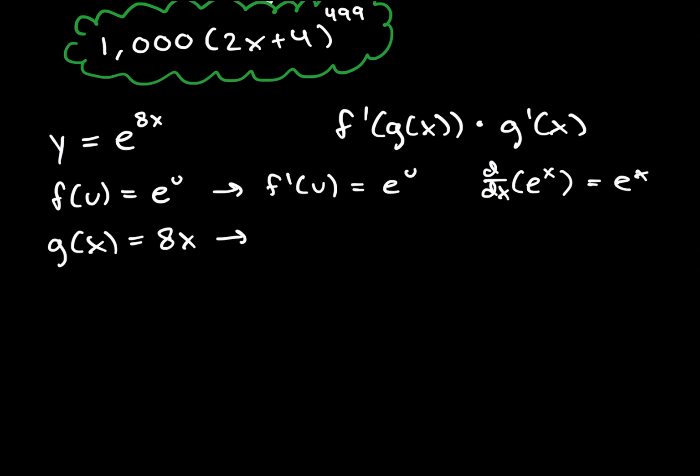So next, the derivative of 8x. Like we saw in our last problem with the 2x, it's the same concept, where this 8 gets pulled in front of x to the first power and ends up being 8 times 1, which is simply equal to 8.